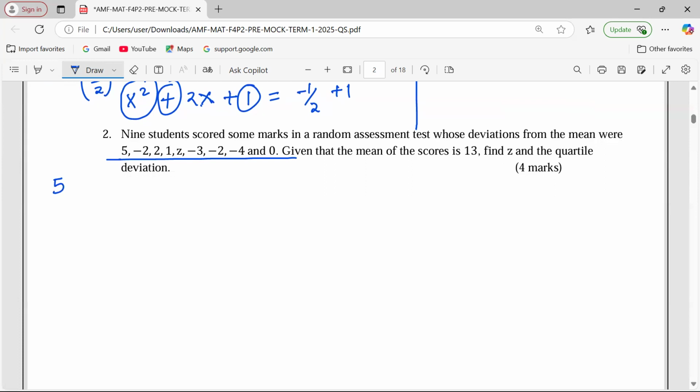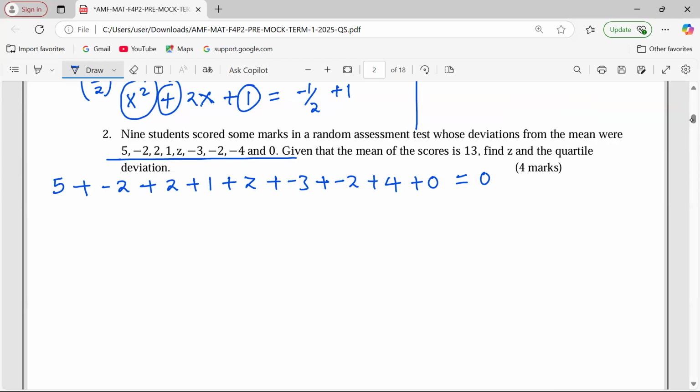So when we take 5 and we add a -2, then we add 2, then we add 1, then we add the known z, then we add again a -3, and we add a -2, then we add 4, and we add 0, we expect to get 0.